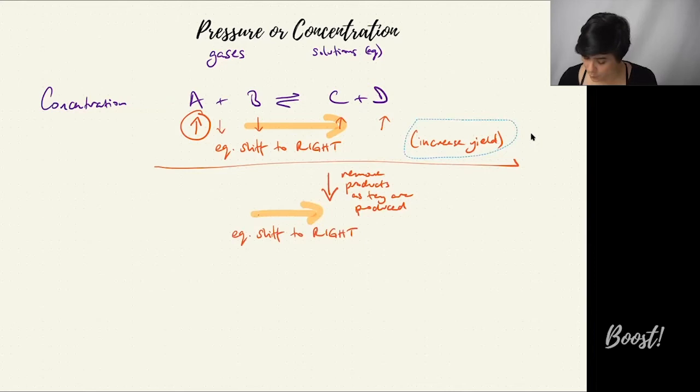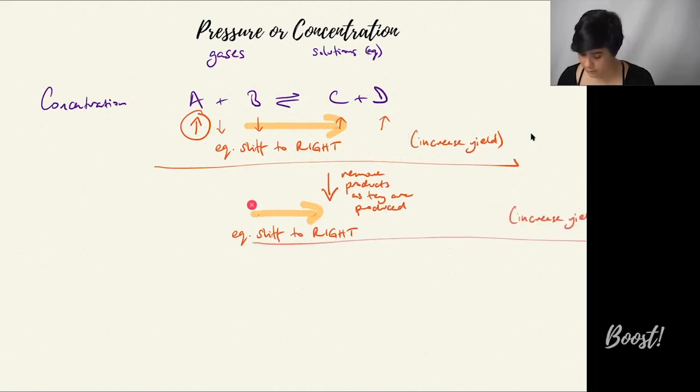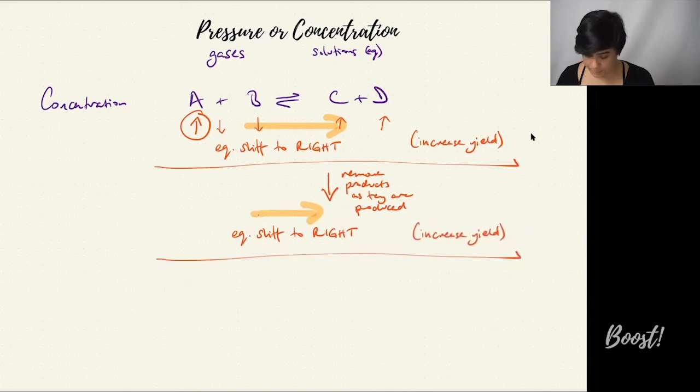So if you want to increase the yield of your reaction, then you can either increase the concentration of some of your reactants or remove the products as they're produced, and both things will have the same effect of increasing the yield. Of course, the opposite will be true in both. If we decrease the concentration of reactants or increase the concentration of products, that will have the effect of shifting the equilibrium to the left-hand side, but that's usually not what we want to do.